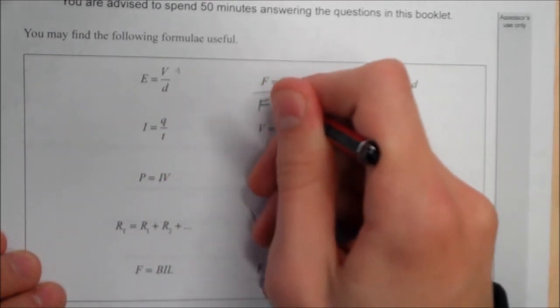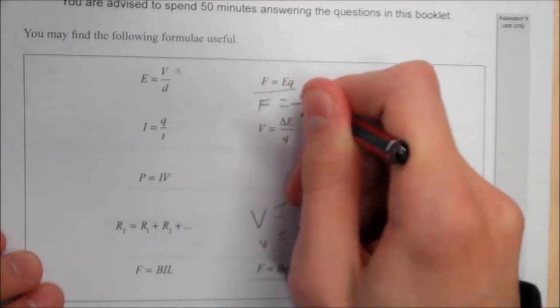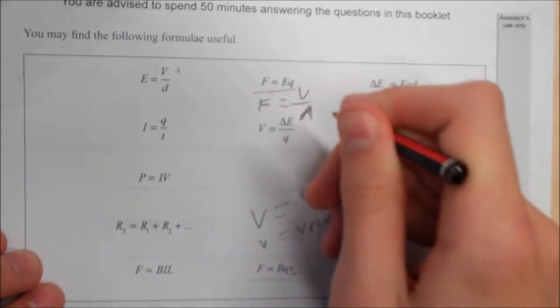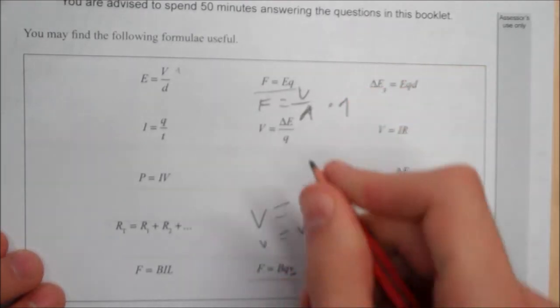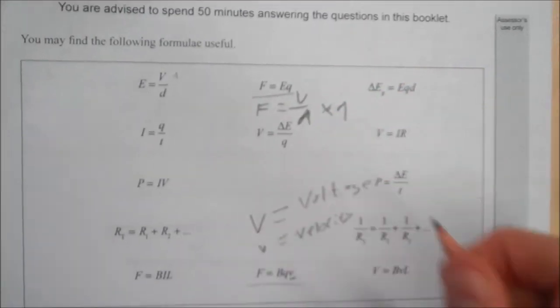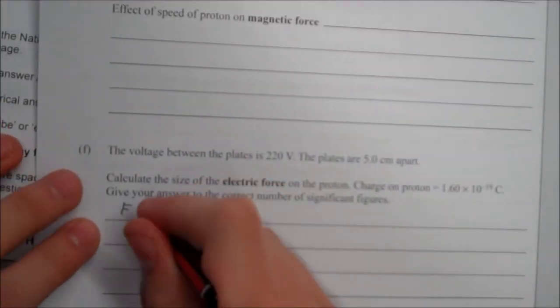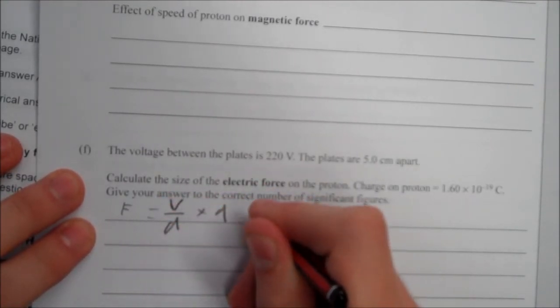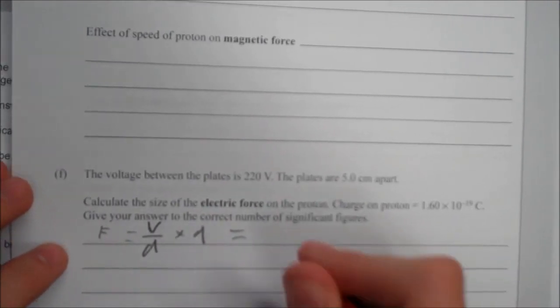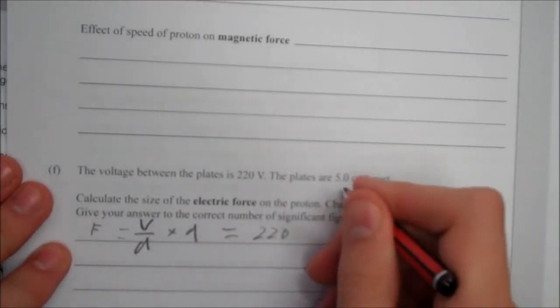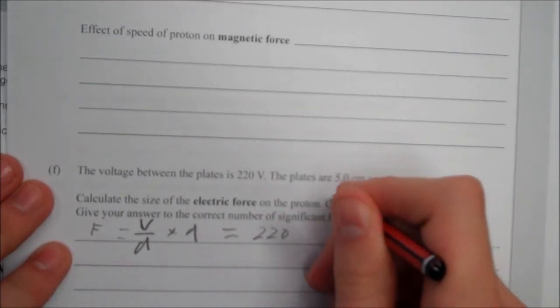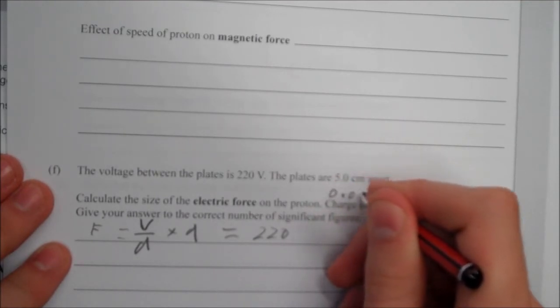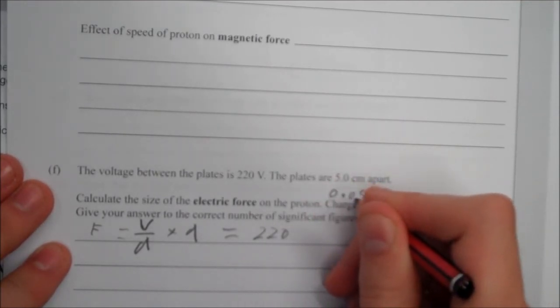So we end up with F is equal to V over D times Q. So F is equal to 220, and remember, this is 5 centimeters, this isn't 5 meters, so this is going to be 0.05. 0.5 would be 50 centimeters.